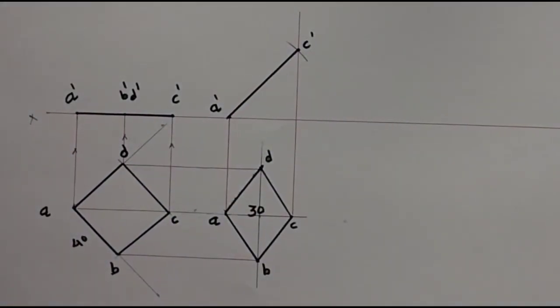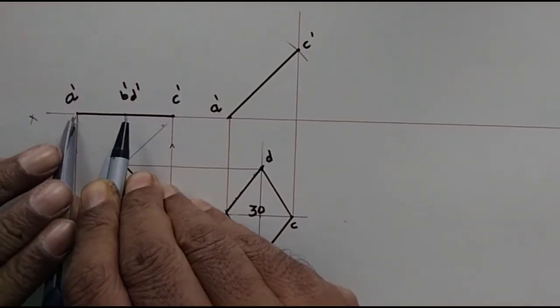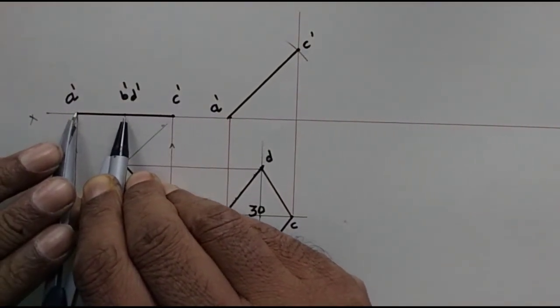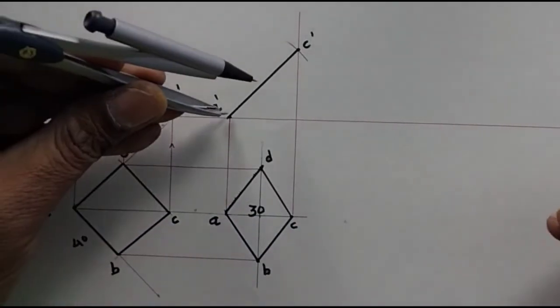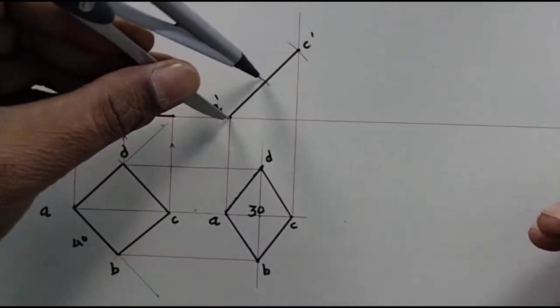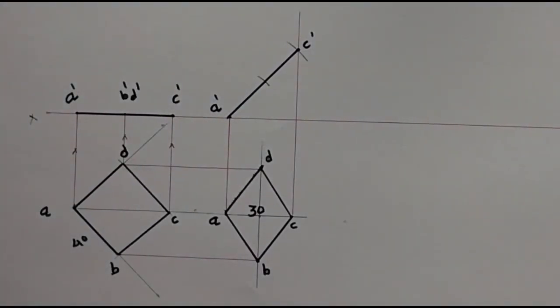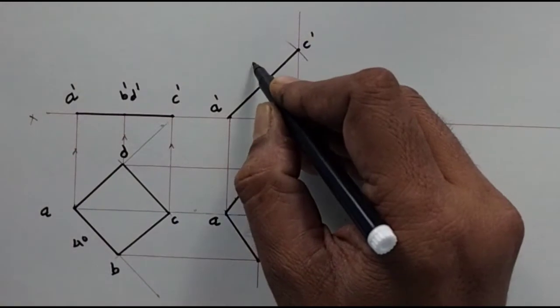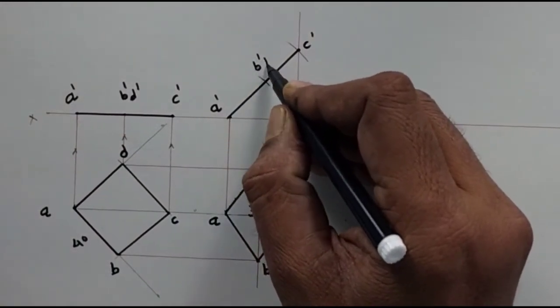Then mark your B dash D dash on the same inclination line. So here, when your plate is inclined to HP, always the elevation of the plate is inclined to the XY line, and we get our answer.